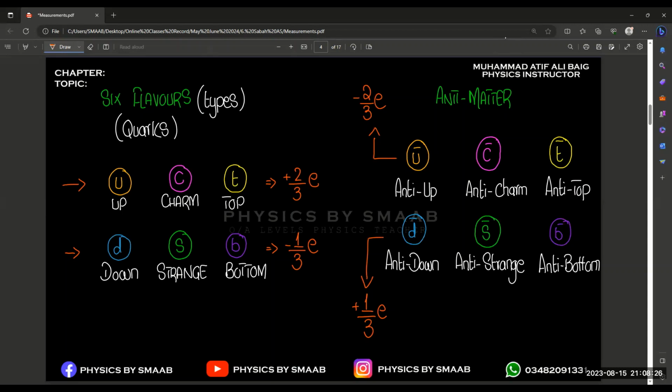Right. Okay, any confusion? No. Okay, so is it enough or do you want to continue with a few more things? How much more is left? Actually, there is one more category, leptons. I think we will start that one in the next class, right?